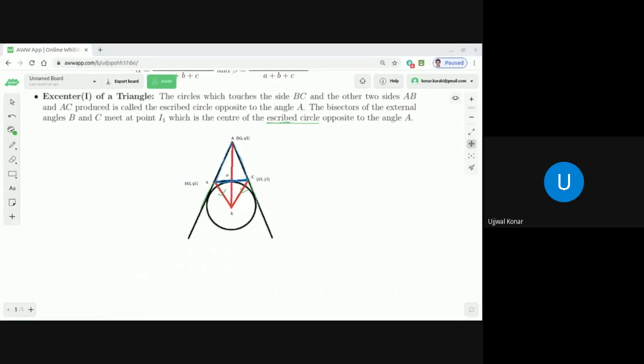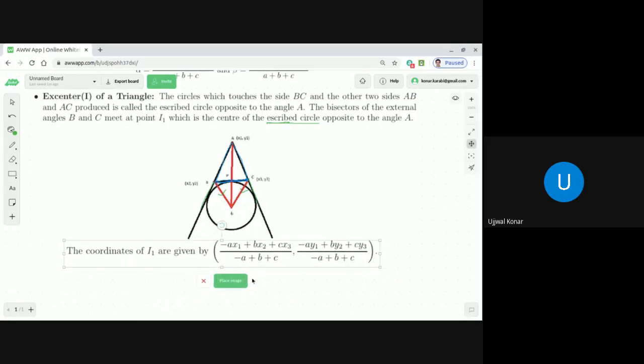The coordinates of the point I1 are something like this, and I'll tell you a pattern to remember it. The coordinates of I1 are: x equals minus ax1 plus bx2 plus cx3 divided by minus a plus b plus c, comma, y equals minus ay1 plus by2 plus cy3 divided by minus a plus b plus c.